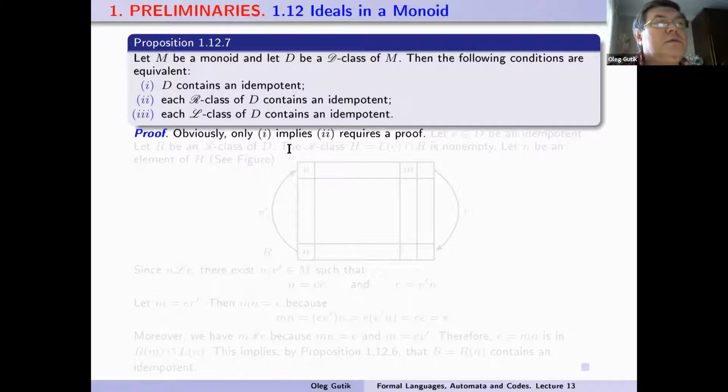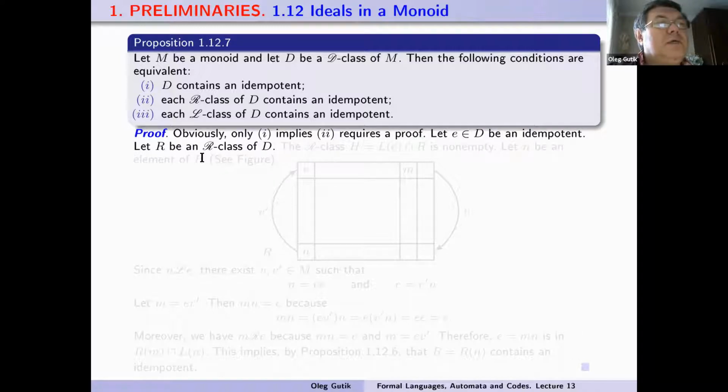So only the implication one implies two requires proof, and it is a simple application that from statement 2 and statement 3 we get statement 1. Let E belong to D be an idempotent.